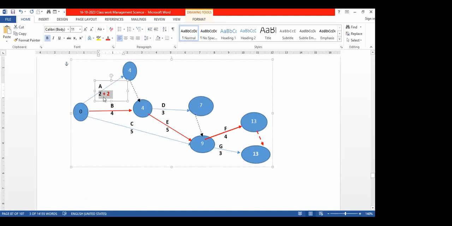Not required, you see here, if I make it 2 plus 2, 4. Here 4, here also 4. Therefore, no problem, the duration is not going to change. So therefore, these 2 days reduction, the cost increase is how much?